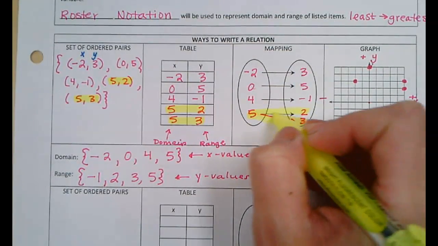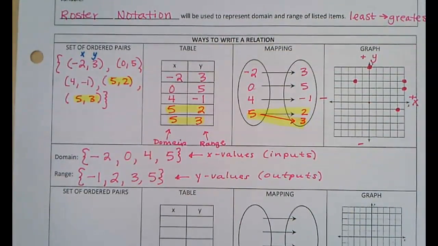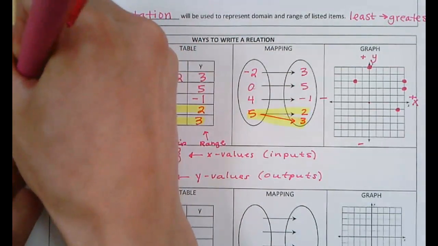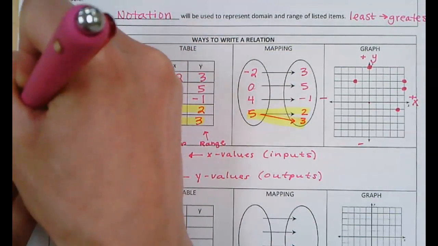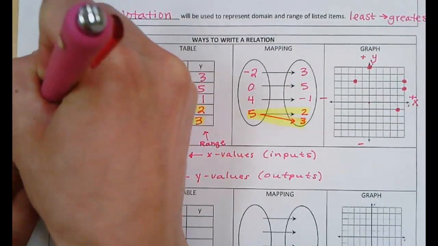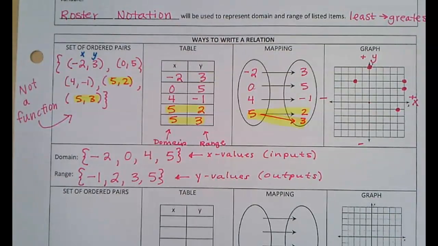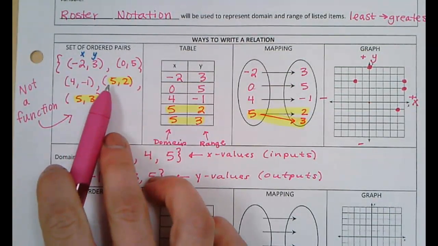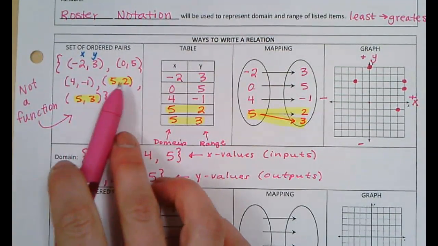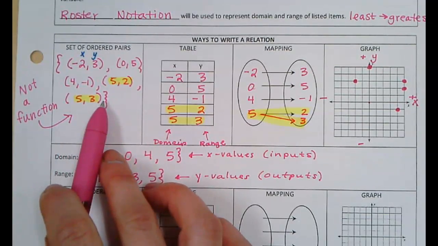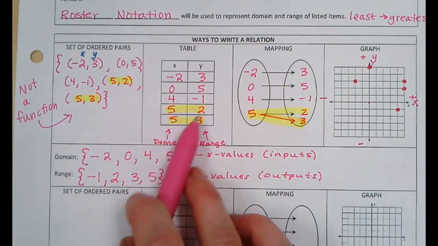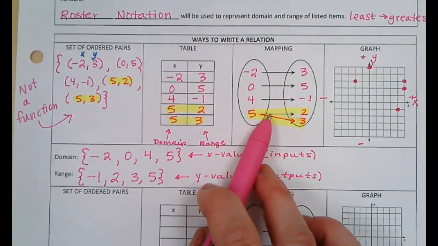So this here is not an example of a function. So I'm going to put to the side here, not a function. This is not a function because it has 5 with different outputs. It has 5 with an output of 2 and 5 with an output of 3. You can see this easily in a table and a mapping.